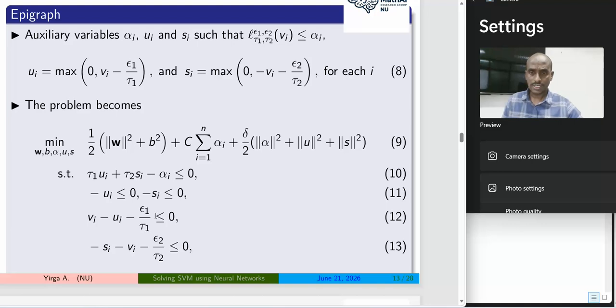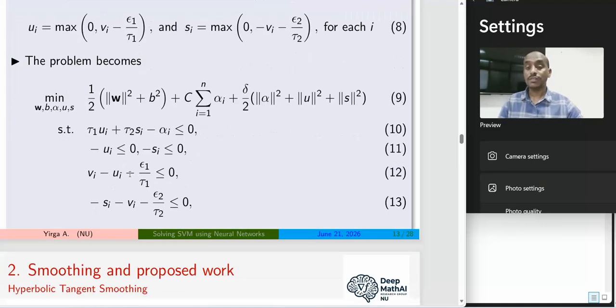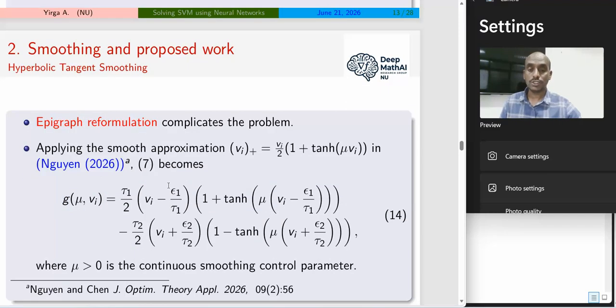As you can see here, we have many parameters. So we want to avoid this difficulty, and we introduce a smooth approximation of the plus function. You see here, the plus function is approximated by the tangent hyperbolic. Here the parameter mu is a smoothing parameter.